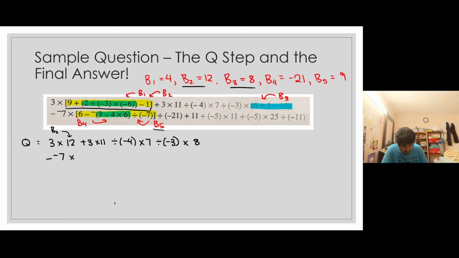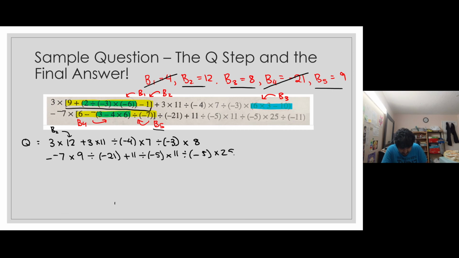I know my answer for B5 is 9, and we don't have to worry about B1 or B4 anymore. So B5 is 9, so 7 times 9, just as easy as that, divided by all the way here to negative 21, plus 11 divided by negative 5 times 11 divided by negative 5 times 25 divided by negative 11.